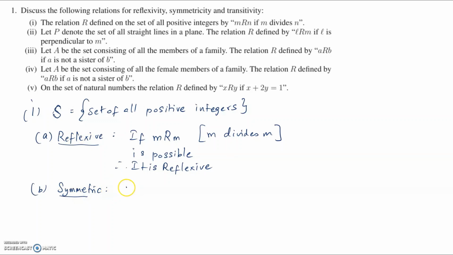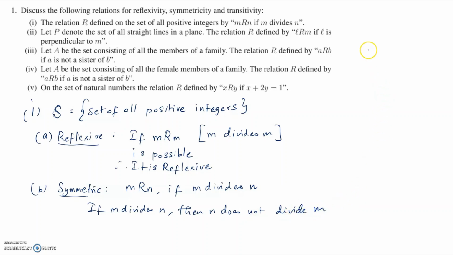Now let's consider that it's actually given to us that M is related to N if M divides N. Therefore, if M divides N, then N does not divide M. Just for example, let's say that 6 divides 12.